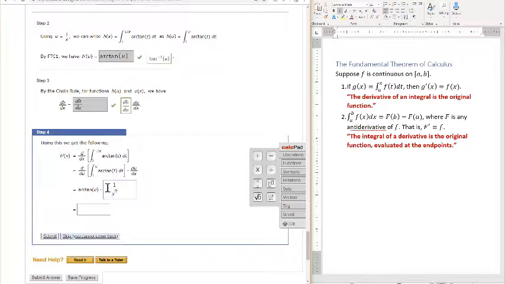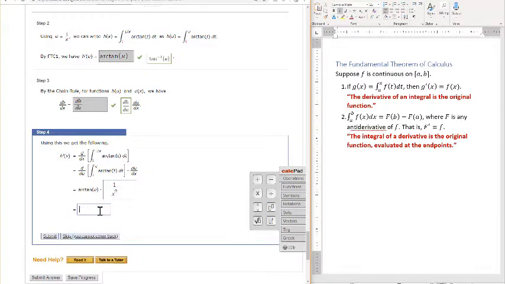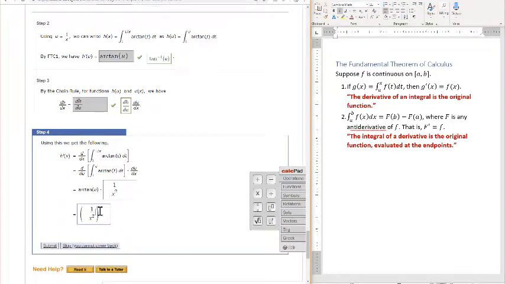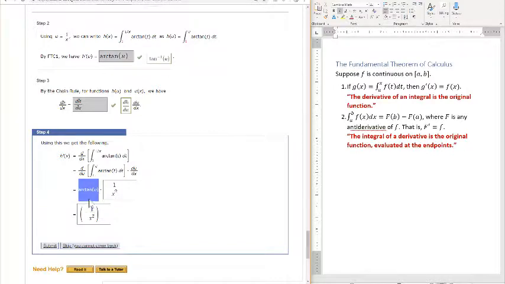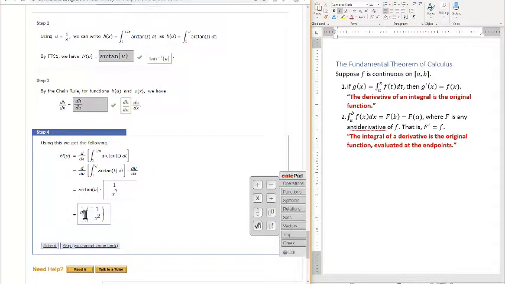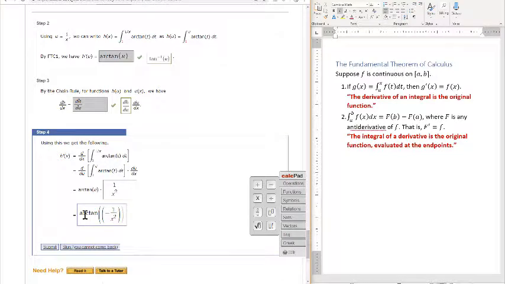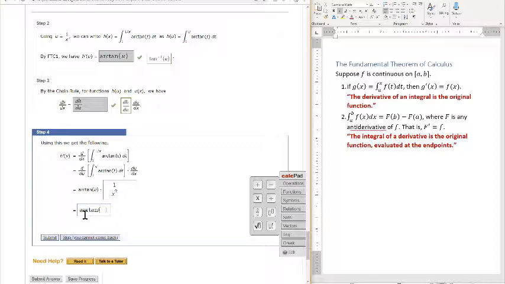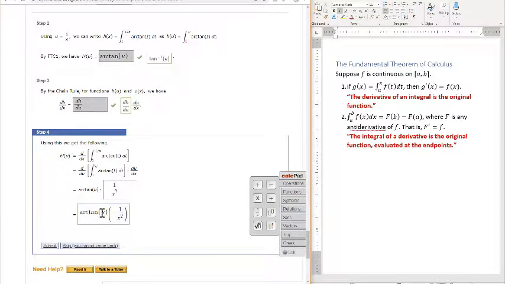Now, this negative 1 over x squared is going to be useful for us here, but we also need the arctan of u times that.